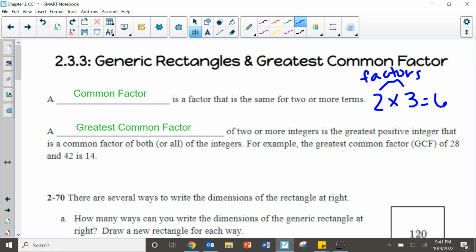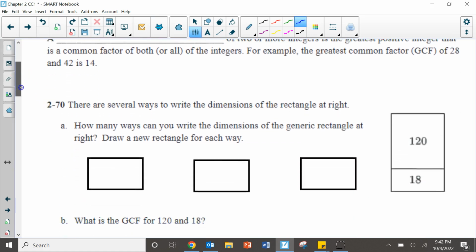That is the biggest number that can go into both 28 and 42, because 14 can go into 28 twice and 42 three times. Remember, factors are numbers that go into another number, what we multiplied.